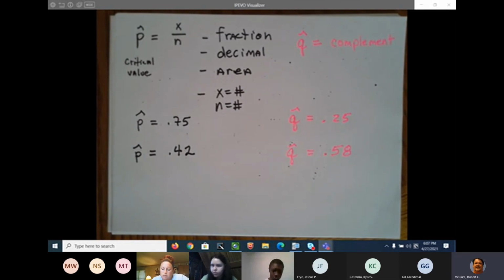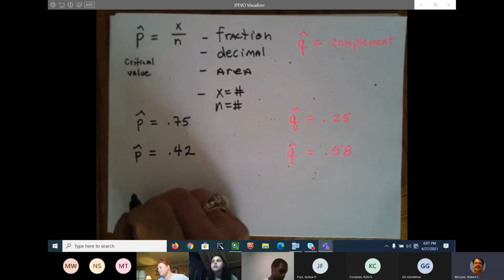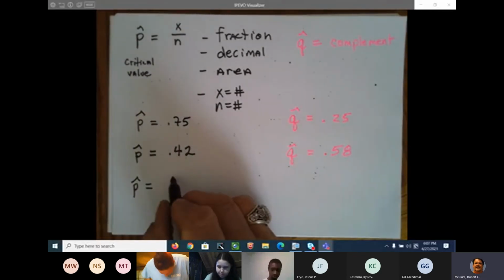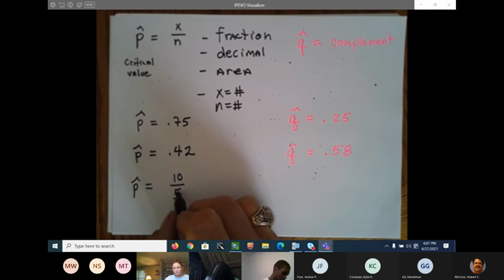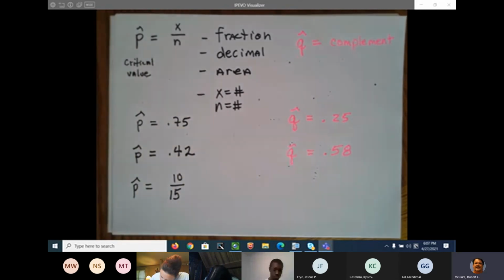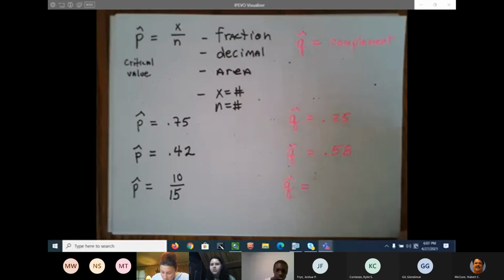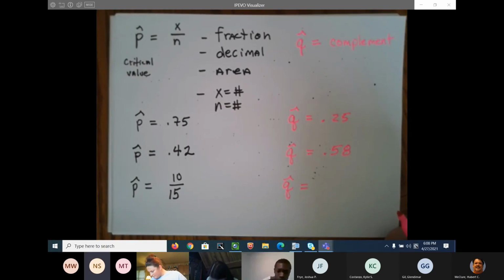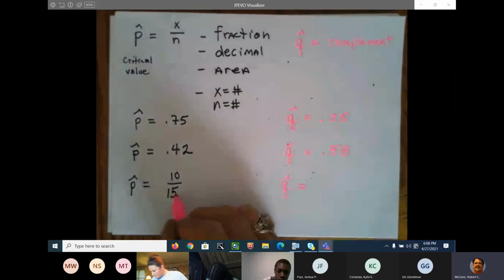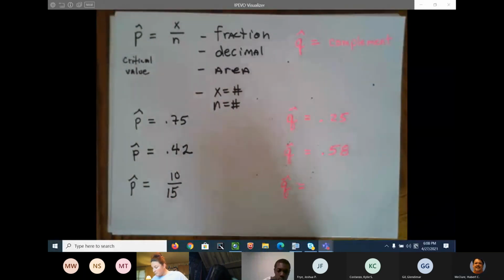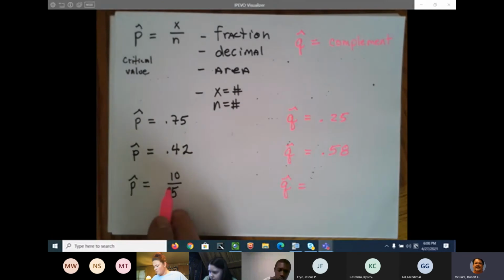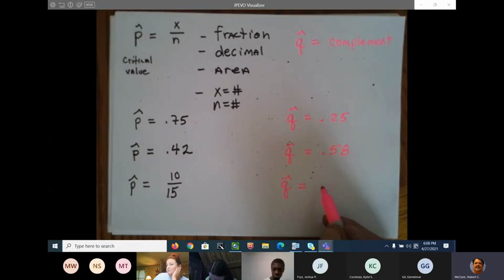All right, now I'm gonna do something special here. P hat is equal to 10 over 15. What is Q hat? You're starting with a fraction, so you end with a fraction. So if my fraction is 10 over 15, what is Q hat? 5 over 15.